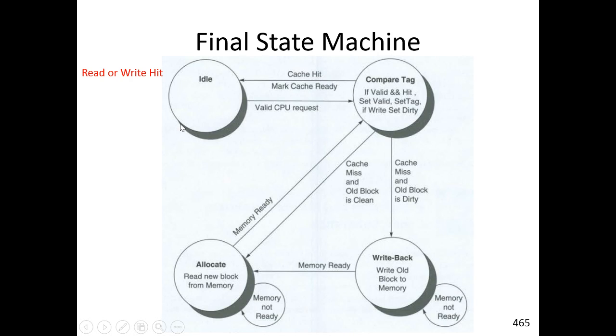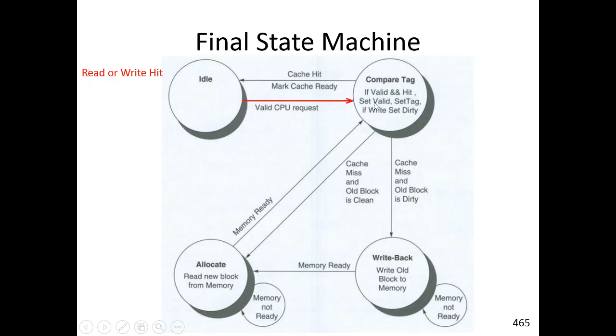Ideally, we start in the idle state, so a read or write is occurring. The cache looks to main memory to see if it has something. Main memory does a read or write, and it's a hit. So the valid bit has been set, it compares the tag and the translation look-aside buffer.